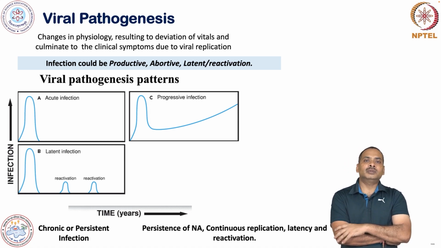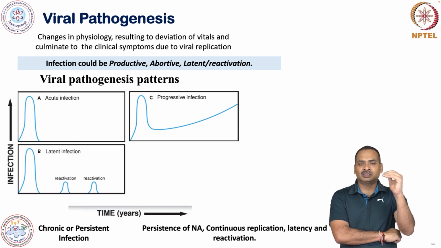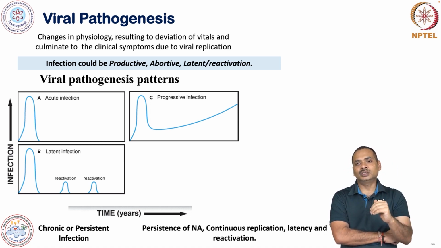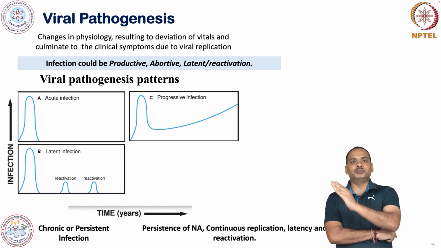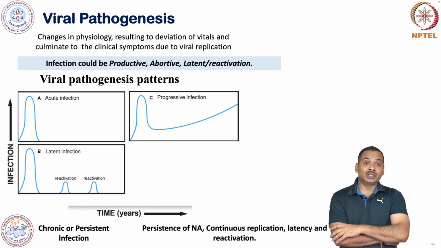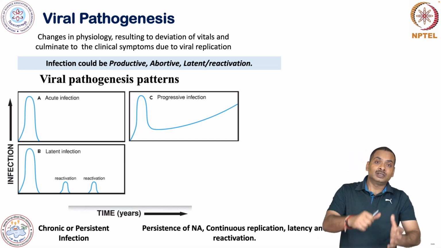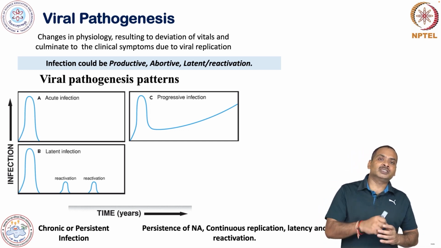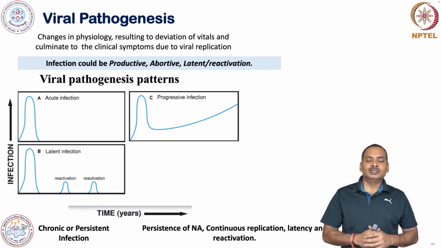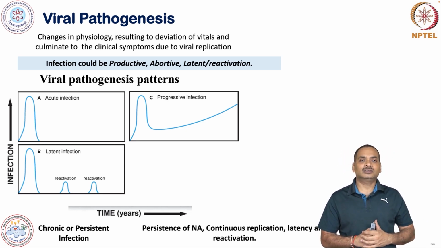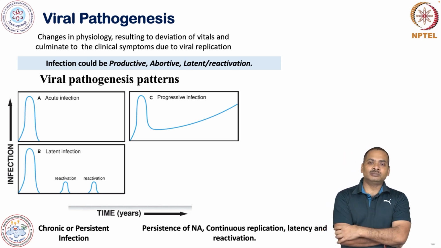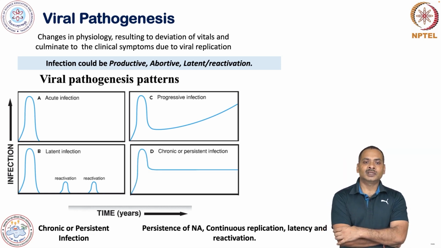But after some time this replication will go down, and then there will be a steady and progressive increase in viral infection. Initially the host will overcome this infection, but later on the virus will slowly and steadily progress. So we call it a progressive infection.